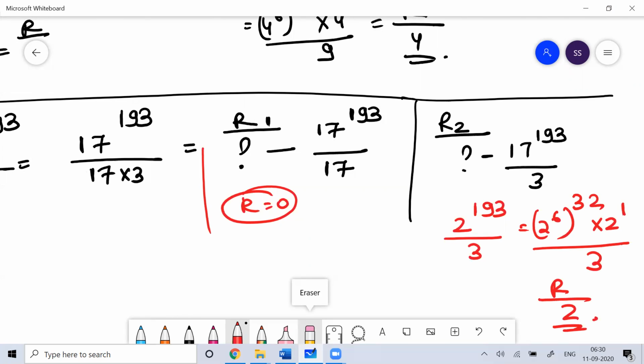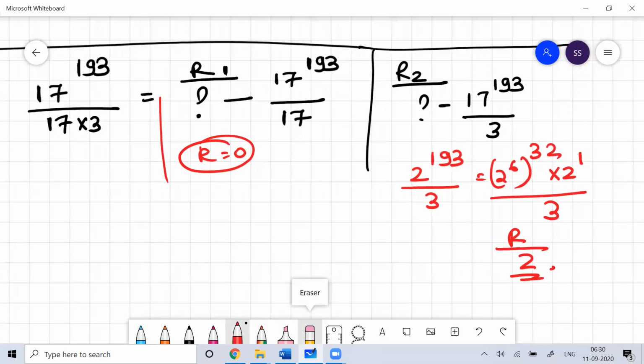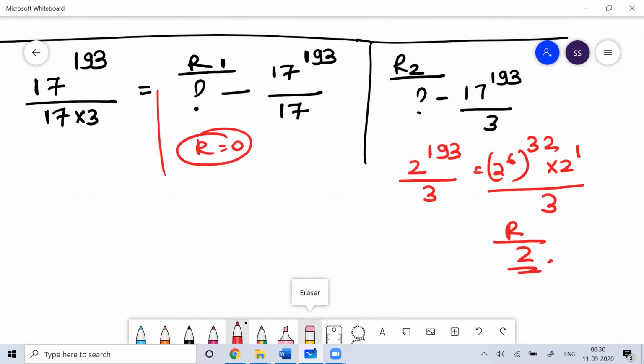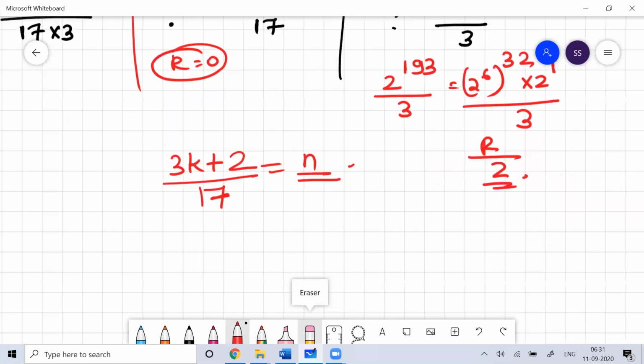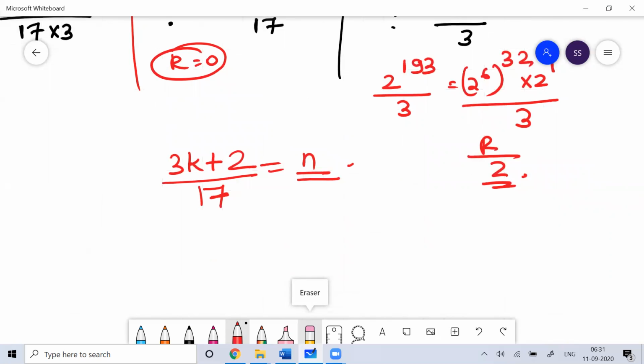So you need to find a number which is divisible by 17, but when divided by 3 gives a remainder 2. That is your answer. This is where we use the Chinese remainder theorem. Randomly put the value of k.